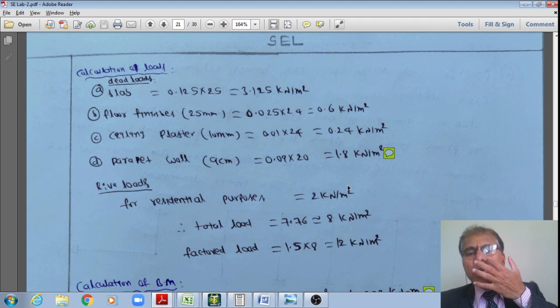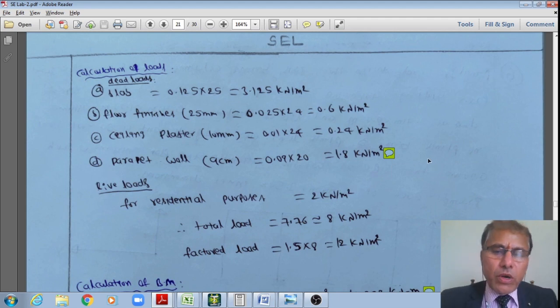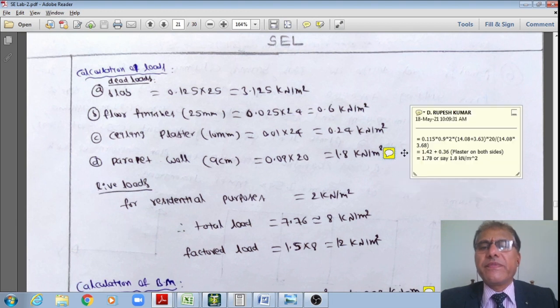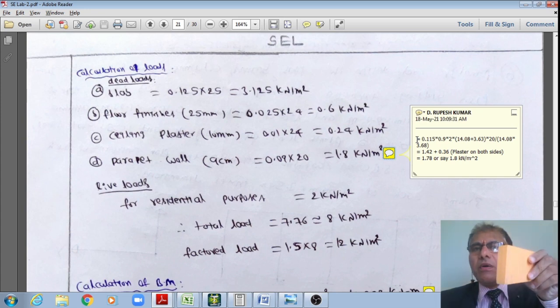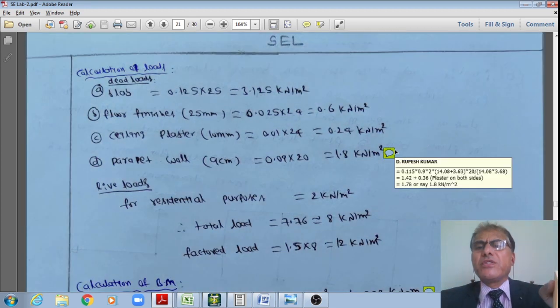Whereas the previous one is more appropriate than this second assumption. I am proceeding with the second assumption, that the thickness of the parapet brickwork is only 4.5 inch. Therefore, it is 0.0115.